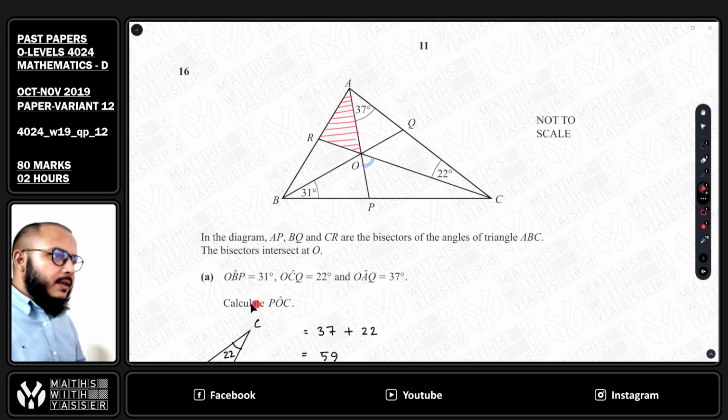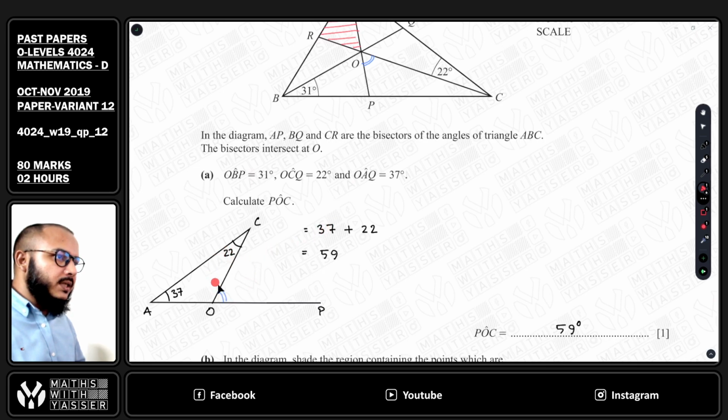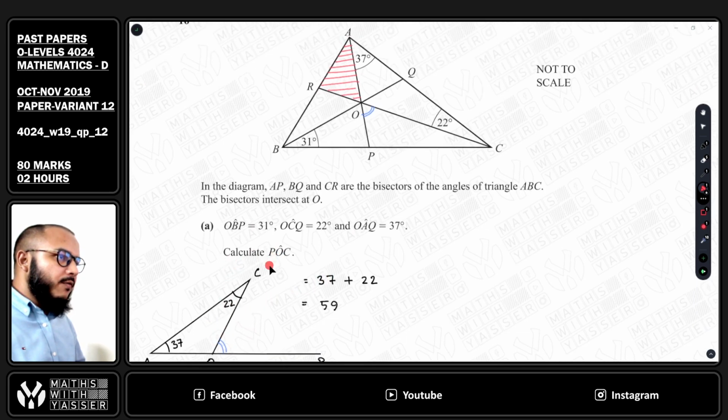So in order to find the angle POC, if you can just focus on this part of the triangle, POAQC. So I have extracted this part of the triangle, and they have already provided us with this angle, which is 22, and the angle OAQ, which is 37.